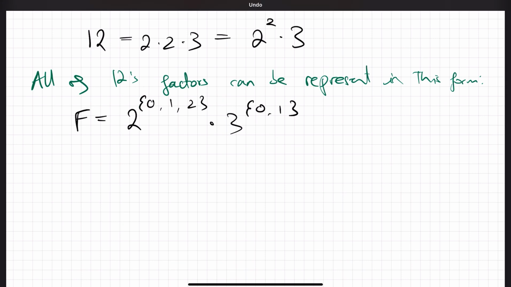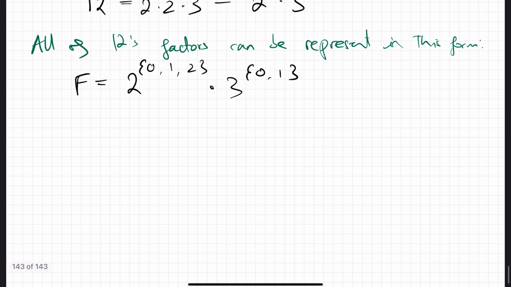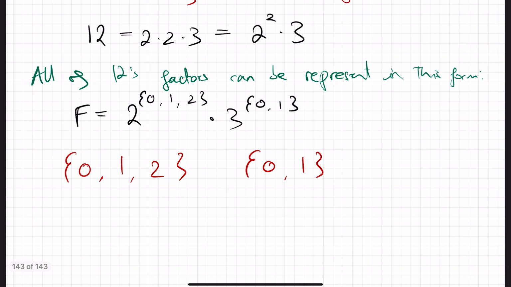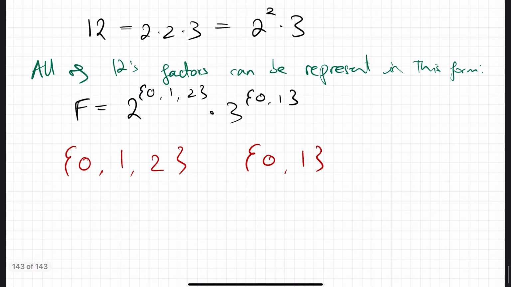So this is similar to expanding a bracket. I'm just going to expand out these sets, if you can call them that, just so we can see them a bit clearer. And if we want to get every single factor of 12, we just need to pick every single combination within these sets.